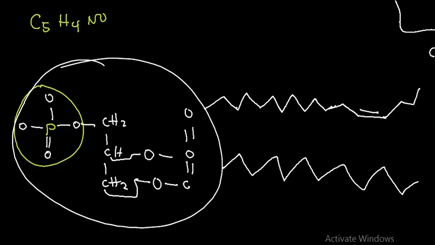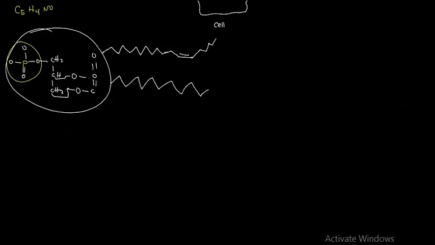If you noticed, after giving the double bond here, I somehow bent the zigzag. So when it adds a bend to a chain, this bend is essentially making the cell membrane flexible and fluid. So basically, this is the reason why we are drawing the phospholipid as this.